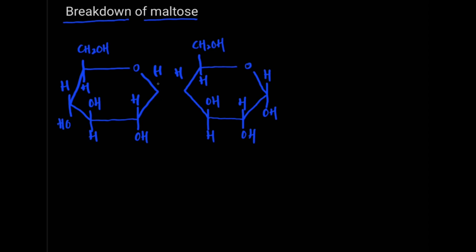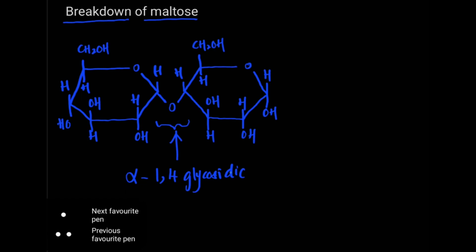It should be an O between the two monomers, because this is the one we call the alpha 1,4 glycoside bond, because the bond is formed between the C1 and C4.